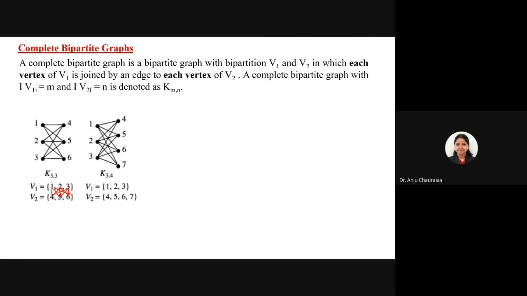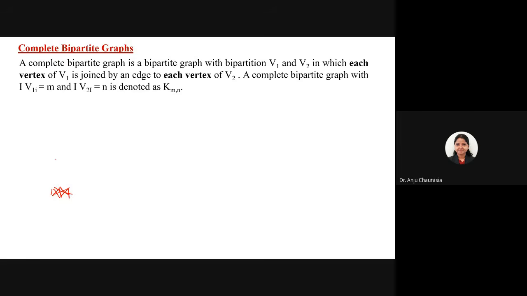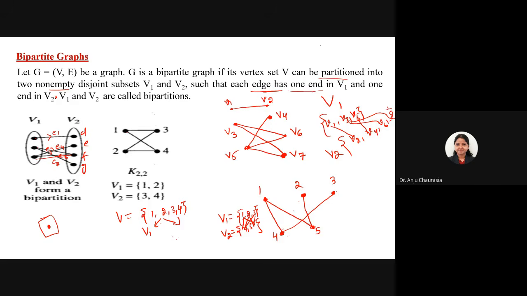If this is there, that is not an example of only a bipartite graph, this is a complete bipartite graph. Here you can see 1, 4 was present there, but 1, 3 was also present, and here 2, 3 was present, and 2, 4 is also present, right? So you can say this is a complete bipartite graph if this is possible.